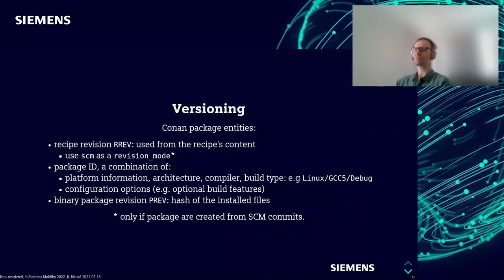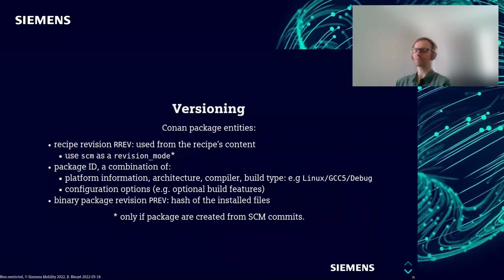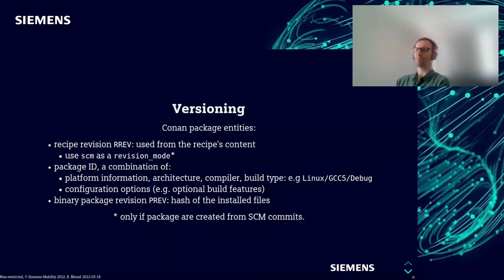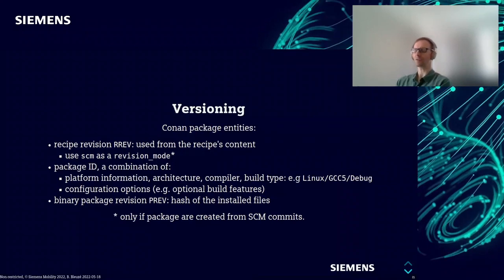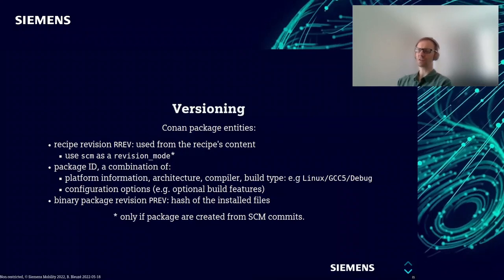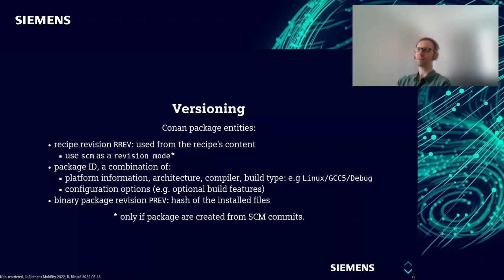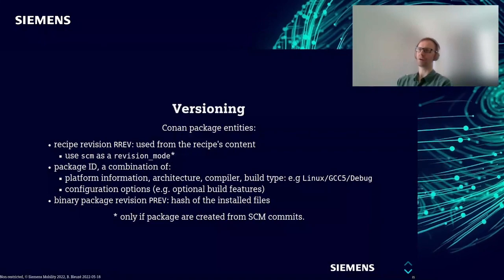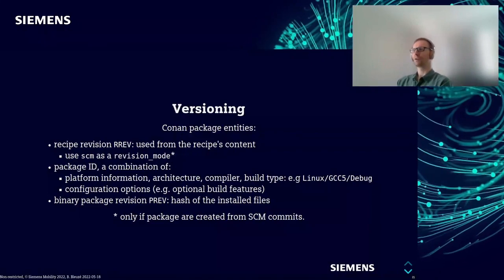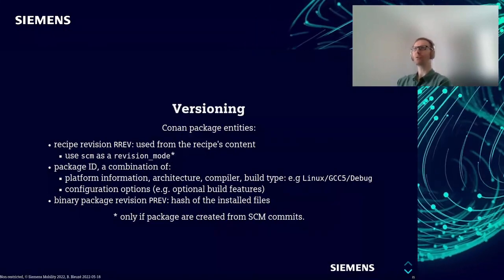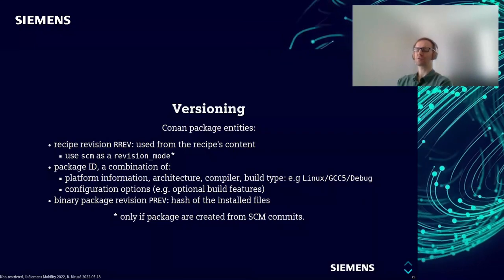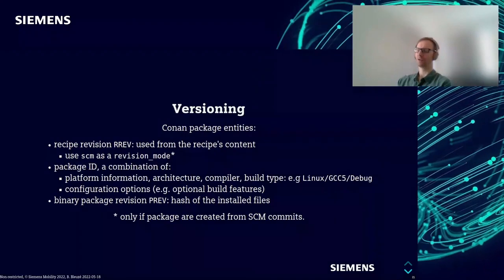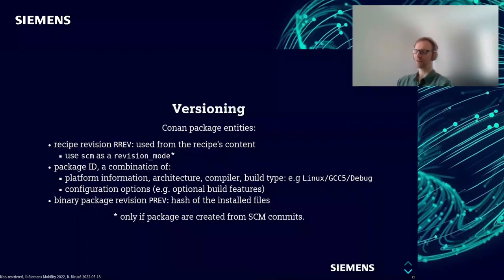This is just, let's say, a hash of the recipe file that you have. But you can change the mode that is used to compute this hash. And our advice there is to use SCM as a revision mode, in which instead of doing a hash of that file, you're taking the commit from where this recipe comes from. So this is only valuable if you're generating your packages from a known source, or I would say from a CI script, where you know that you're doing it from a clean repository.